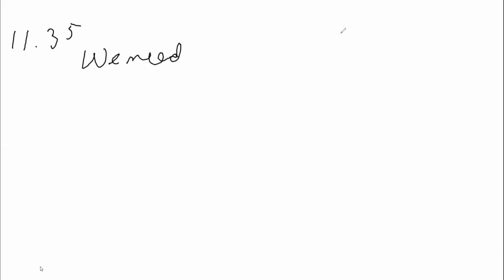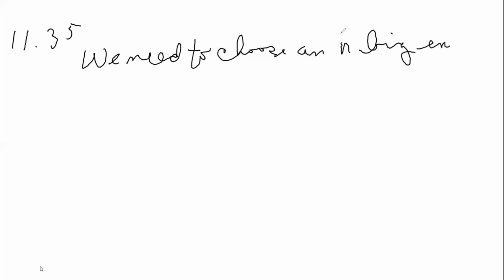All of this means that we need to choose an n big enough. We have to find the n this time, so we're going to work backwards. You need to find the number of people.